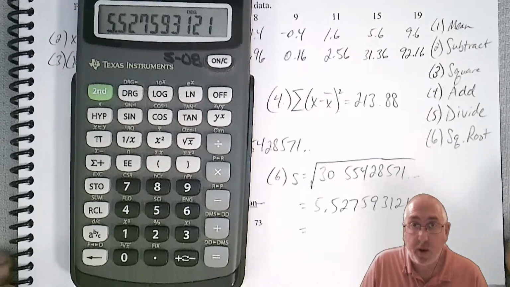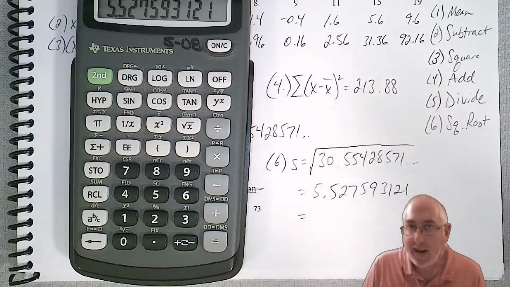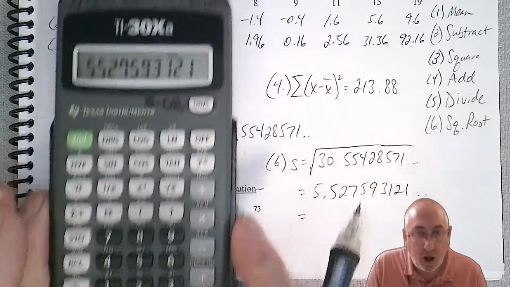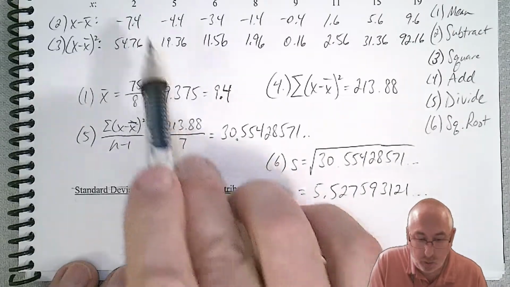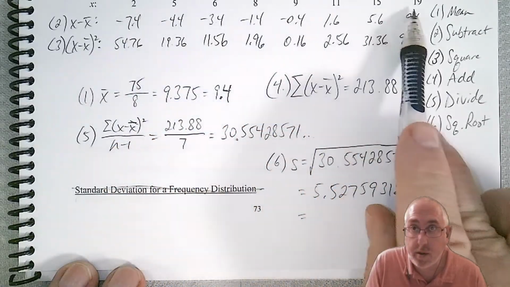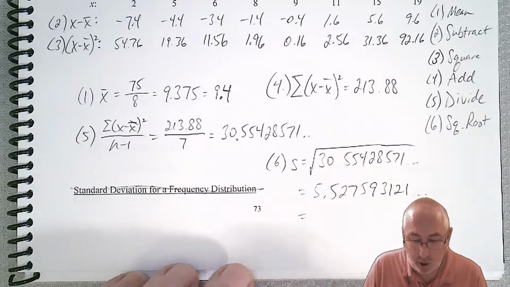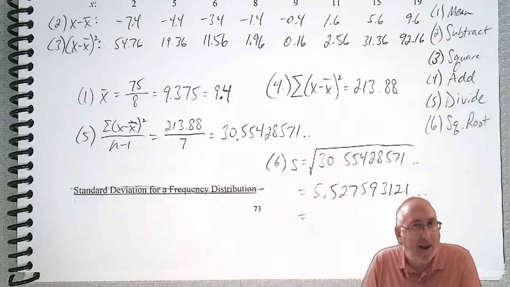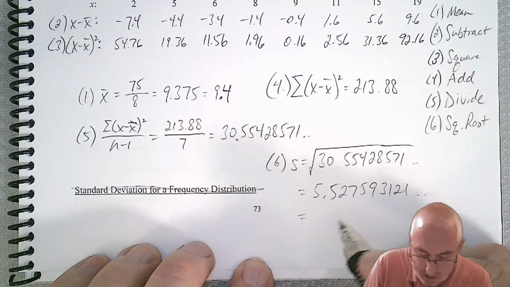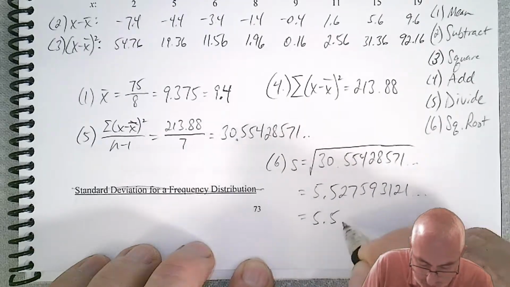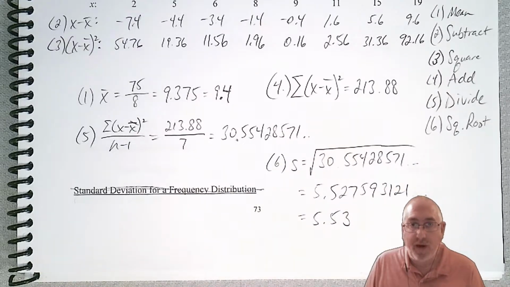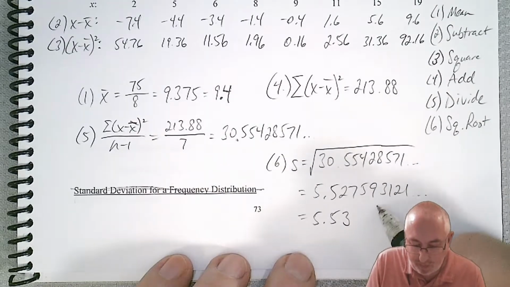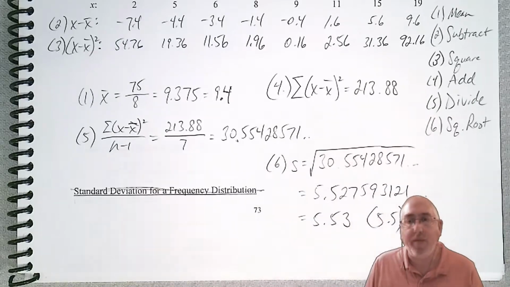If we want to round this, 1 decimal place is really all you need because your data were all whole numbers. But I personally like 2 decimal places just to give a little extra accuracy. So rounded to 2 places, we would put 5.53. But remember, 5.5 would be fine.